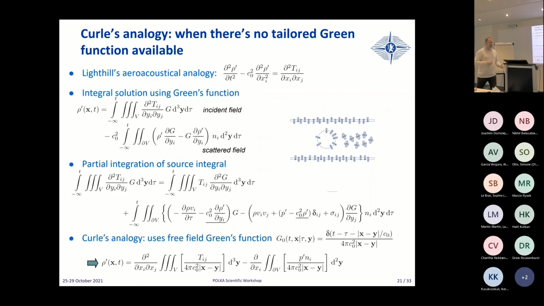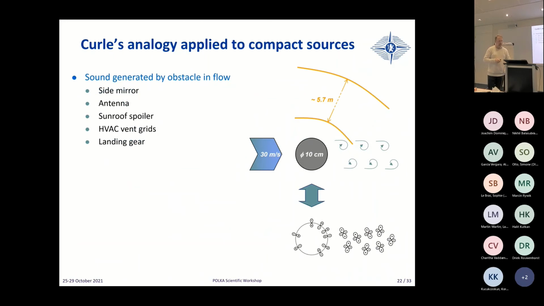Okay, so there are some circumstances where it works very fine. A typical example is whenever you have a compact source region. If you have a compact source region like a cylinder in cross flow, so you take a cylinder of 10 centimeters, 30 meters per second. If you work out the Strouhal number and the Helmholtz number, you will see that your thing is extremely compact. Because the dominant acoustic wavelength will be of the order of 6 meters, and you have 10 centimeters. And so the cylinder is very compact.